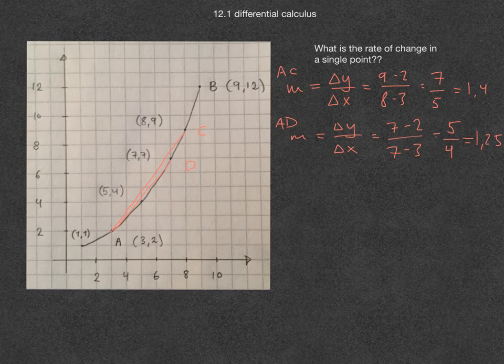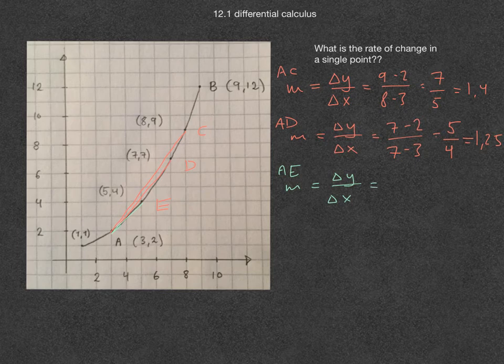We could do the same from a point E. Okay, so I'll just try a different color for that. So A E, that chord has a gradient that we can find in the same way.